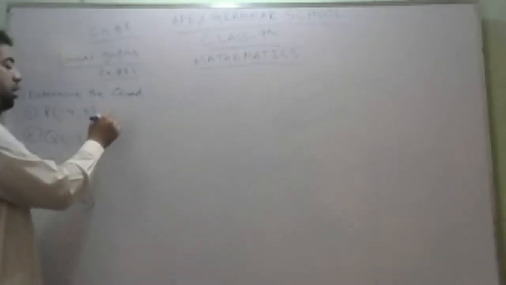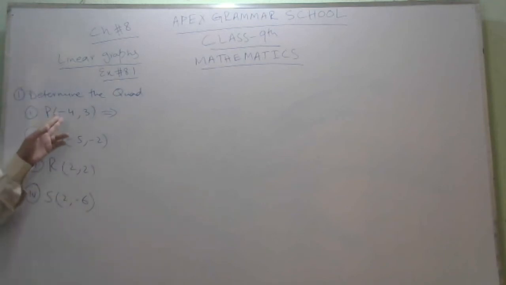First is this. You can see that the value of x is -4. The value of y is +3. So you need to find the quadrant. Recall that we have already done this some moments before, in which quadrant these values can lie. x is negative but y is positive.